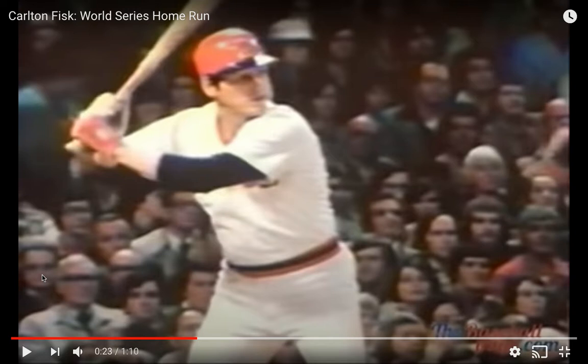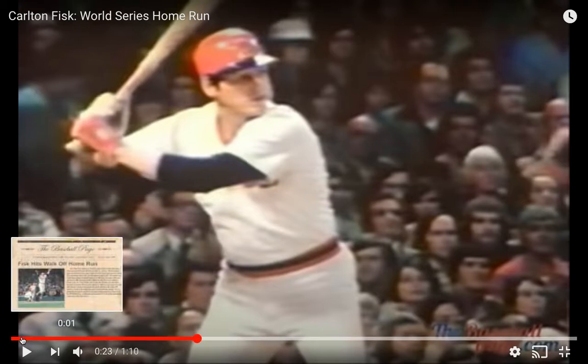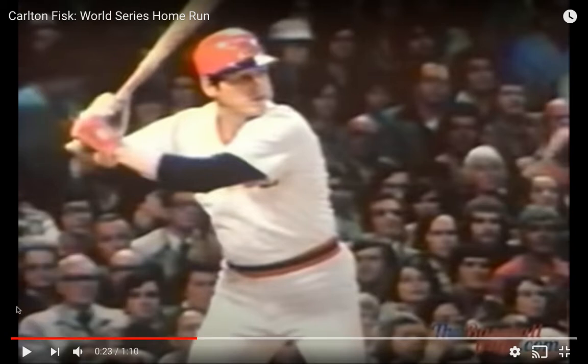And this is Carlton Fisk, and he hits a home run that bounces off the third baseline foul pole, and that's a fair ball. And the Red Sox ended up winning Game 6 and then got flattened in Game 7, and the Cincinnati Reds won. But you'll see him bouncing down the first baseline, yelling to the ball to go fair. And you may have seen this footage. It's one of the more popular scenes in the history of baseball and our culture.